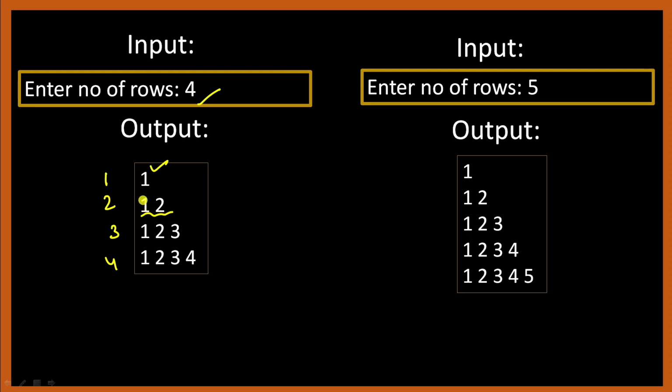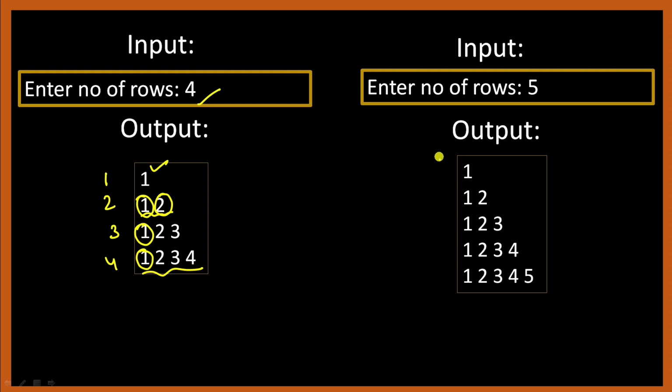First is 1, and then the second digit is 2. Then in the third row there are a total of 3 digits, that is 1, 2, and then 3. Then in the fourth row there are a total of 4 digits, and the starting is happening from 1, then in continuation 2, 3, and 4.